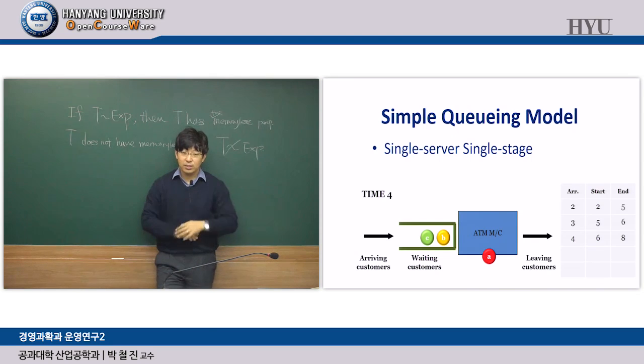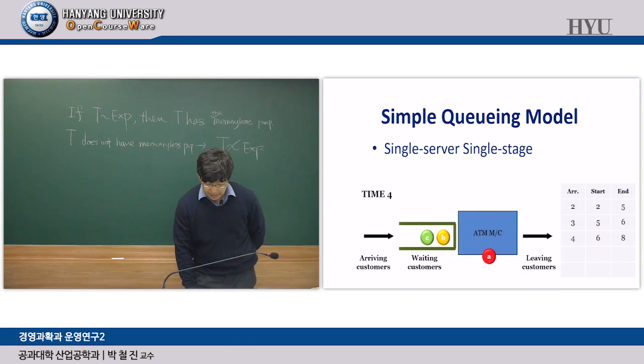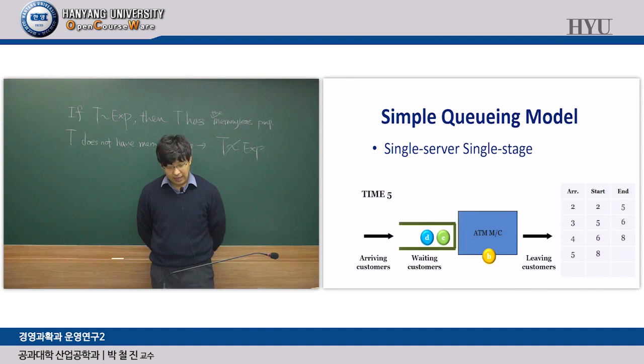C arrives to the system at 8:04, 1 minute after. Still, A is working on the machine, B is waiting, and C needs to wait after B, based on the first in, first out concept. And then at 8:05, A leaves the system, and now B can use the machine, and so on.